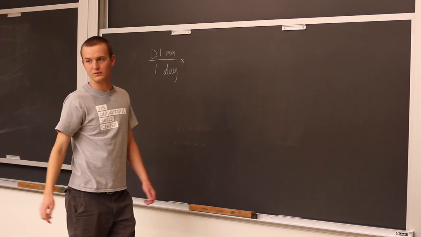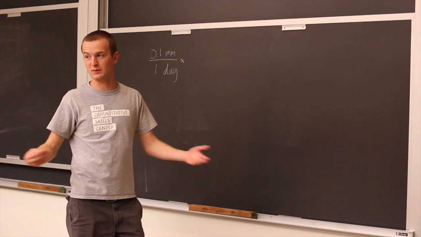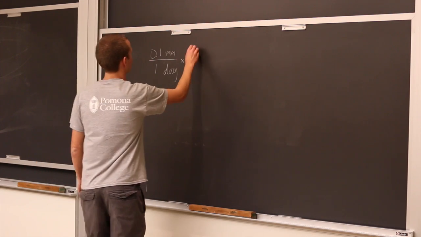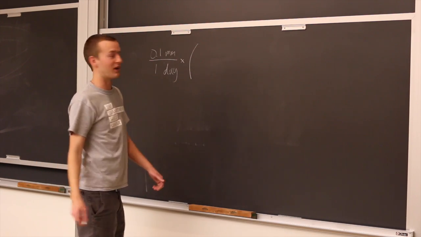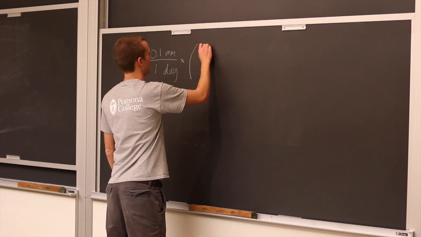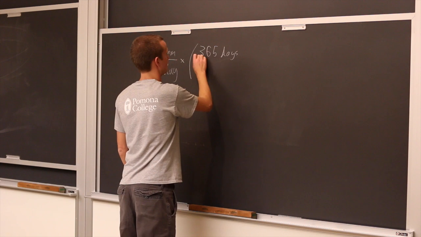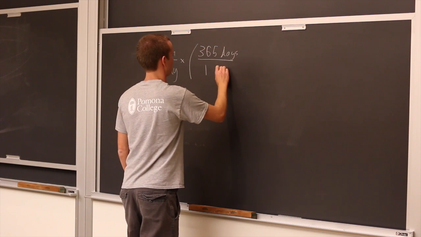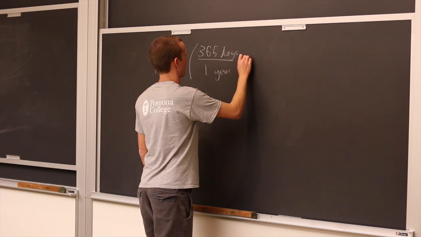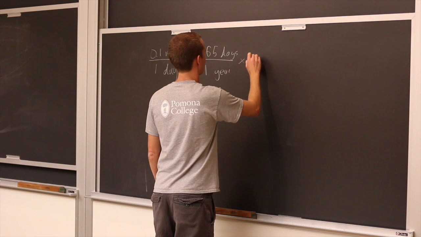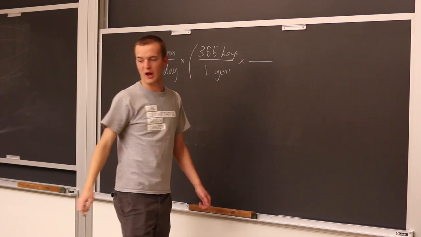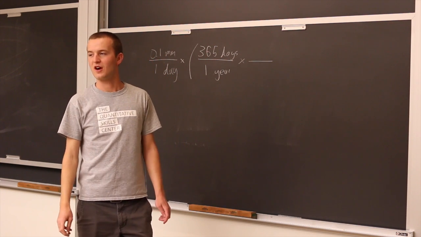To solve this problem, I just need to convert units and then multiply by 10 years. I'm just going to multiply by 1. Does anybody know off the top of their head how many millimeters are in an inch?